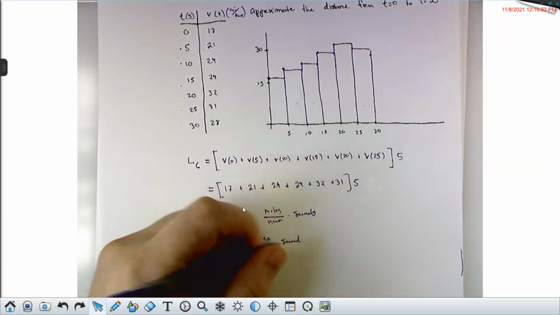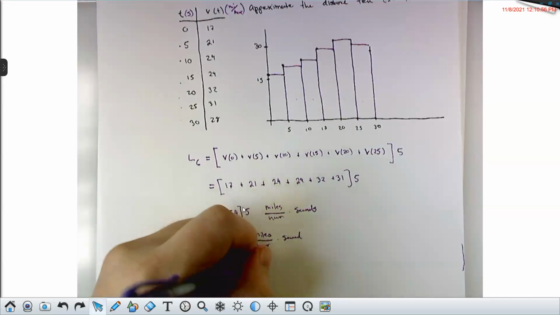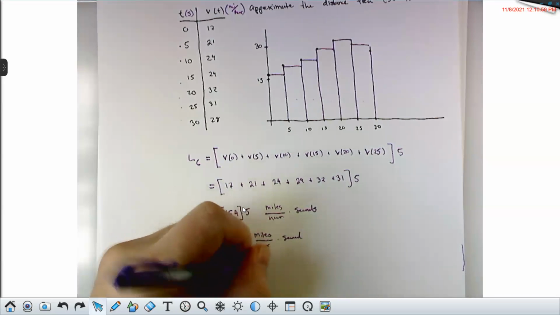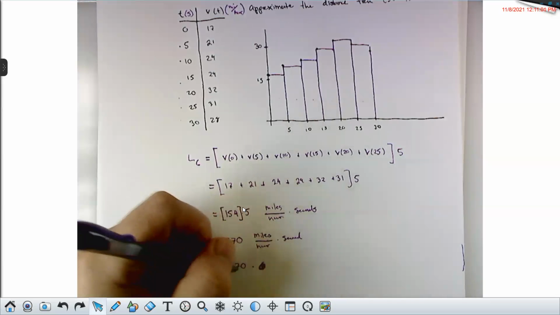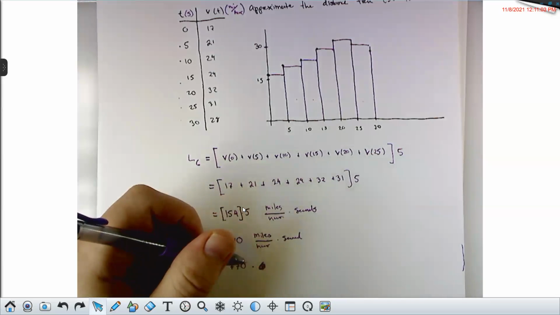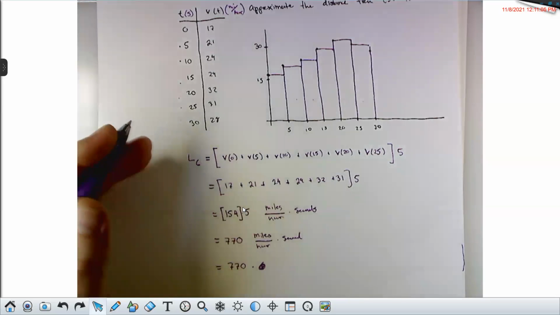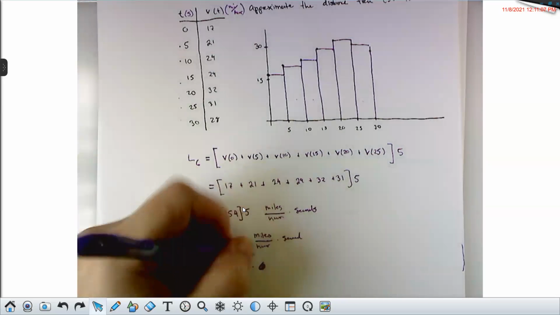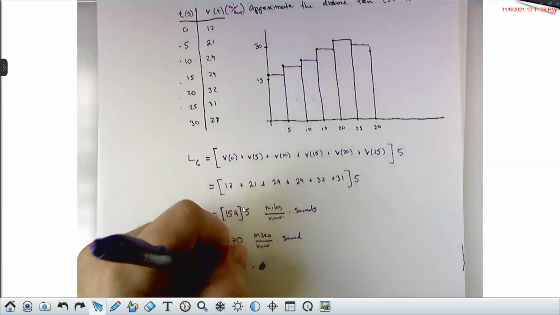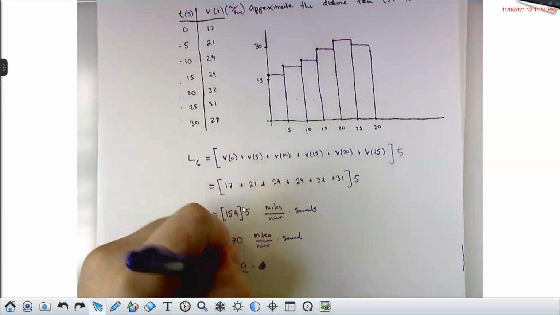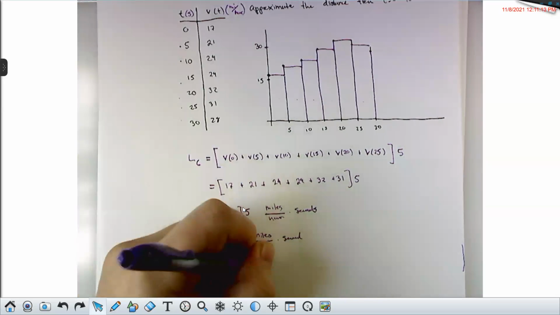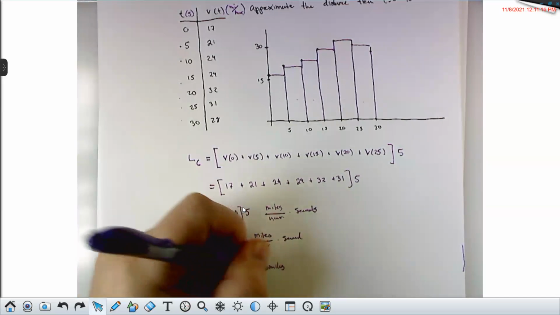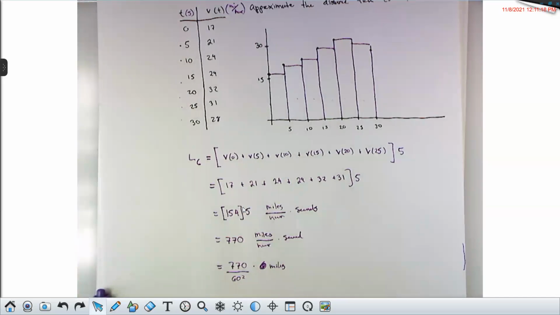There's 60 seconds in a minute and 60 minutes in an hour. I would have to divide this by 60 squared, right? Yeah. So I'll write it like this. And that will give me miles. So 60 squared.